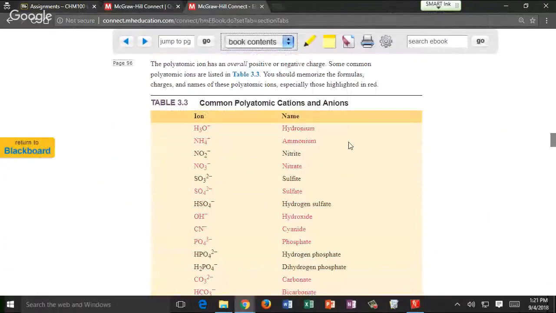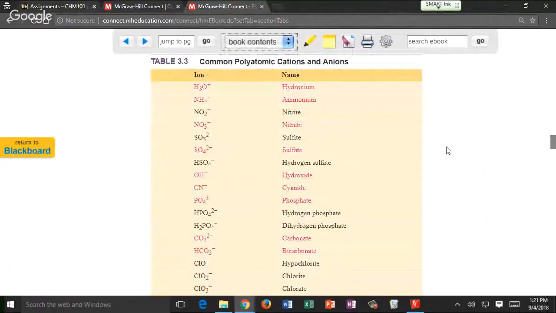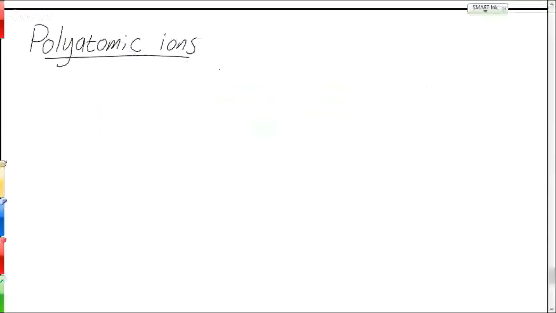If you look in the book, there's this big table of common polyatomic ions. You don't need to know all of them. There's a selection of them that is in the objectives that we're going to focus on and that you do need to know. So let's look at those now.